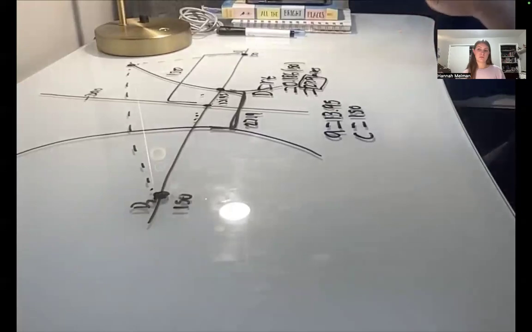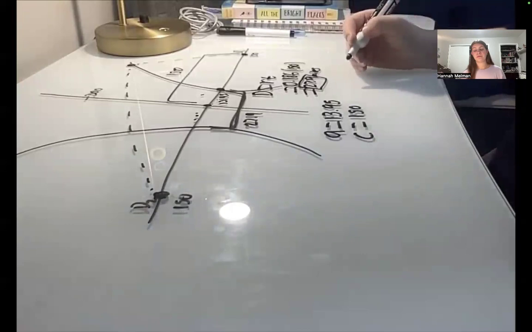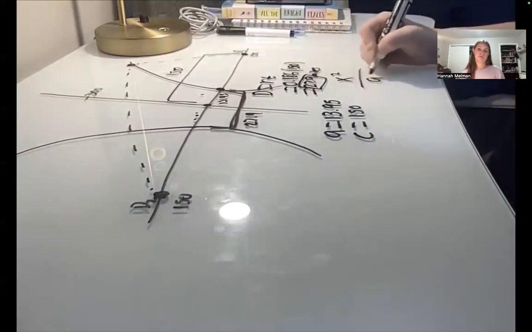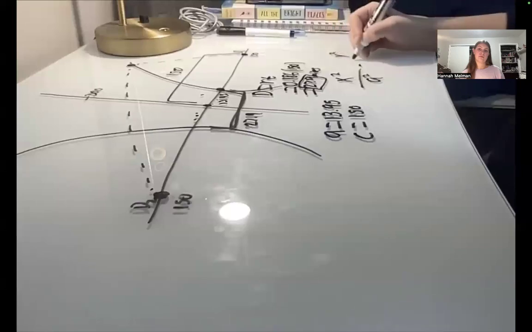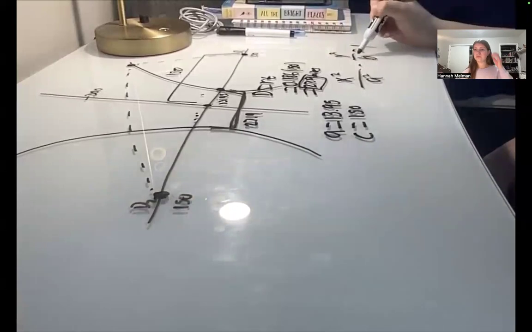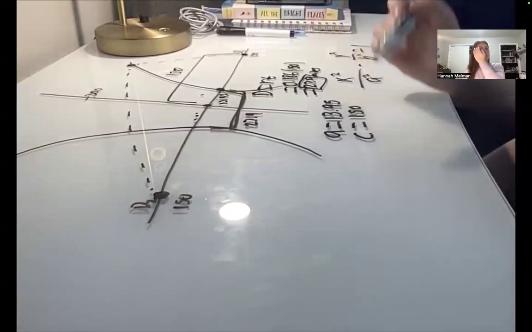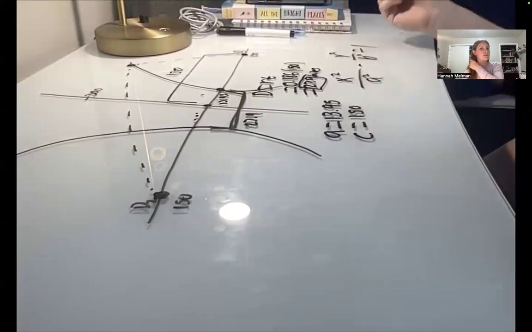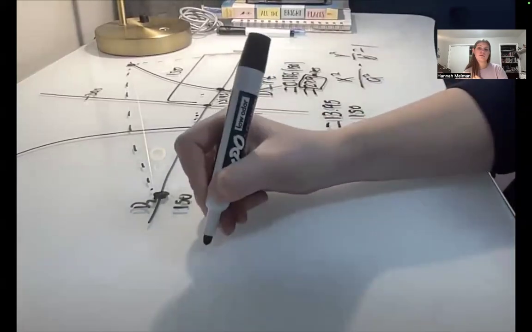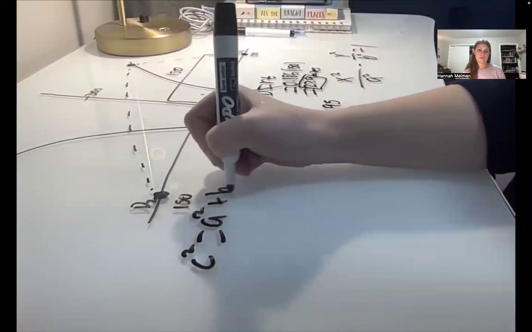And now the equation for a hyperbola, we can put it over here to remind ourselves: x squared over a squared minus y squared over b squared equals 1. We have a and c here, but we don't have b yet. To find b, we can use c and a. So c squared equals a squared plus b squared.